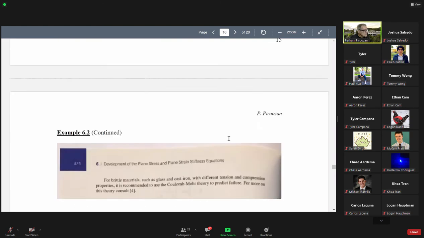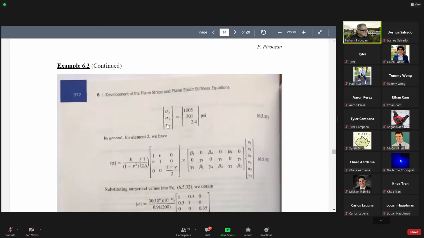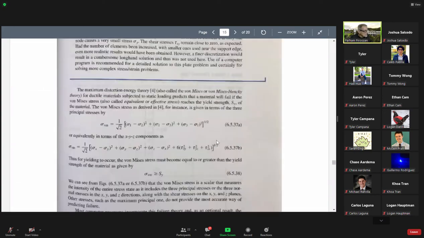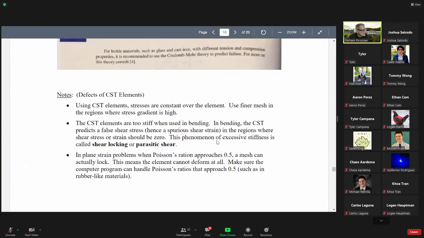As you see, this shear stress here, we should not have it. If you have a shear stress here, it means that it is acting rigid. This structure is rigid, stiff, especially when it is subjected to bending. This type of element behaves a little bit rigid.